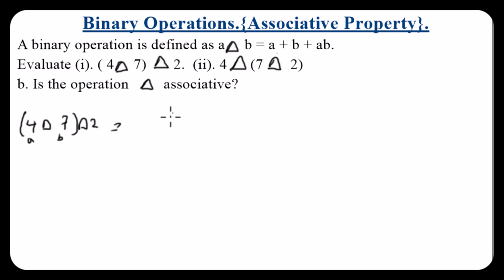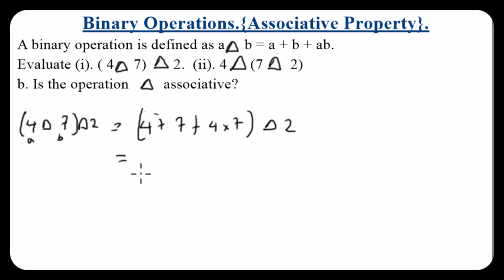So I have 4 plus 7 plus 4 times 7. I put this inside brackets, and outside of it I have delta 2, so I simplify the expression inside the bracket first.